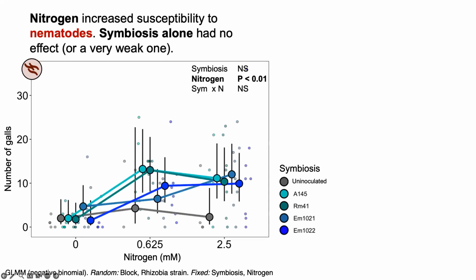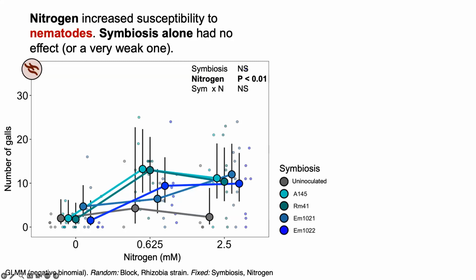Okay. So what we see is that nitrogen seems to increase susceptibility to the parasite, and symbiosis alone, having rhizobia, had no effect or a very weak one. So what you see is increases in parasite load in these 2 treatments that had more nitrogen. And the difference between these gray points, which are the uninoculated plants, and those that are inoculated, are approaching statistical significance, but are not significant.